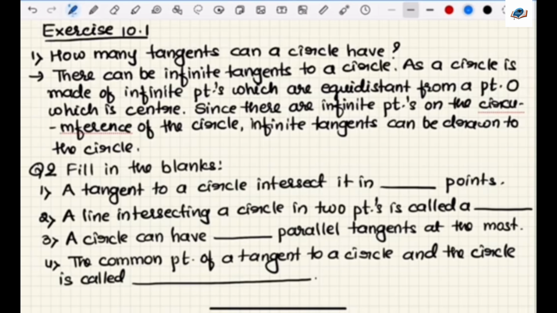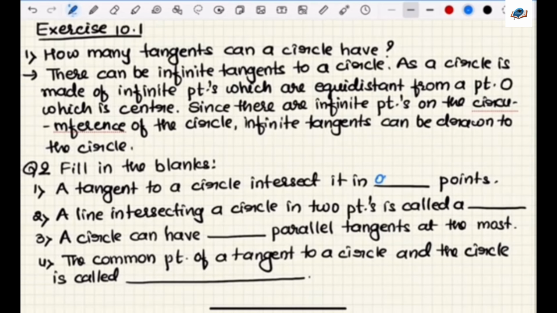Now, question 2 says fill in the blanks. A tangent to the circle intersects it in dash point or points. The answer will be 1 point. Then second one says a line intersecting a circle in 2 points is called. This is the definition of secant.